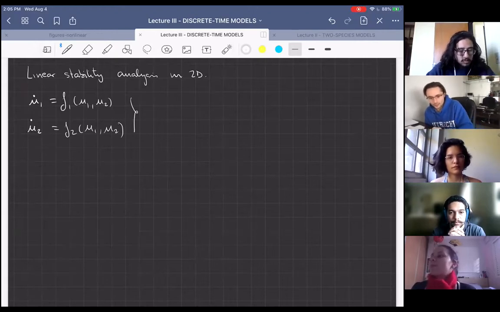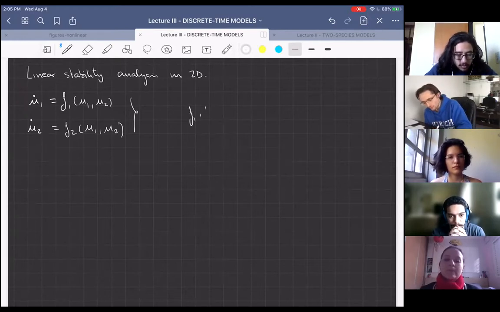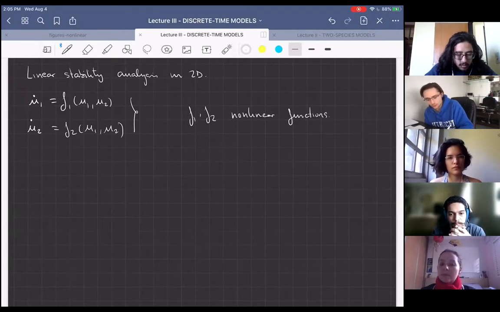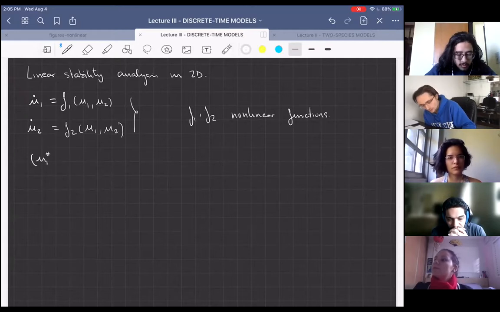Of course, F1 and F2 need to be nonlinear functions because we are working with nonlinear dynamical systems. And in general, we are going to study the stability of this system around a fixed point that is going to be U1 star, U2 star.